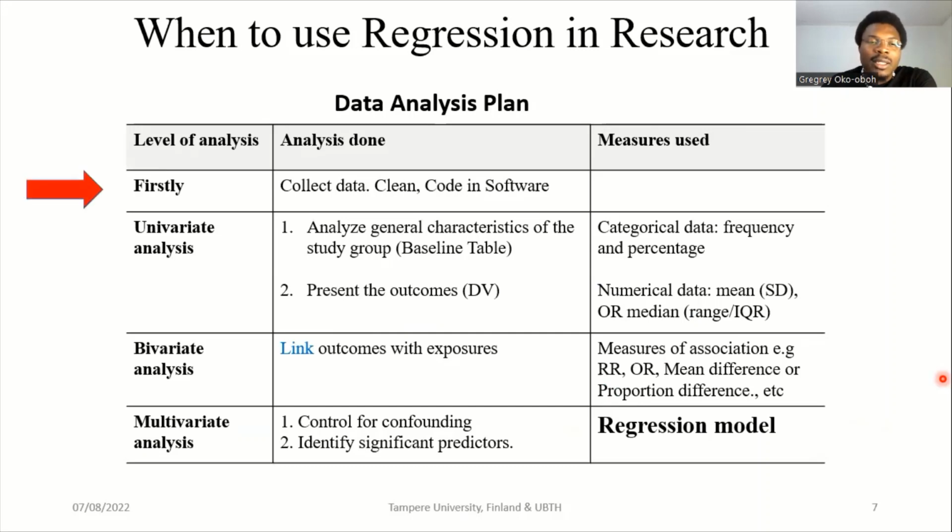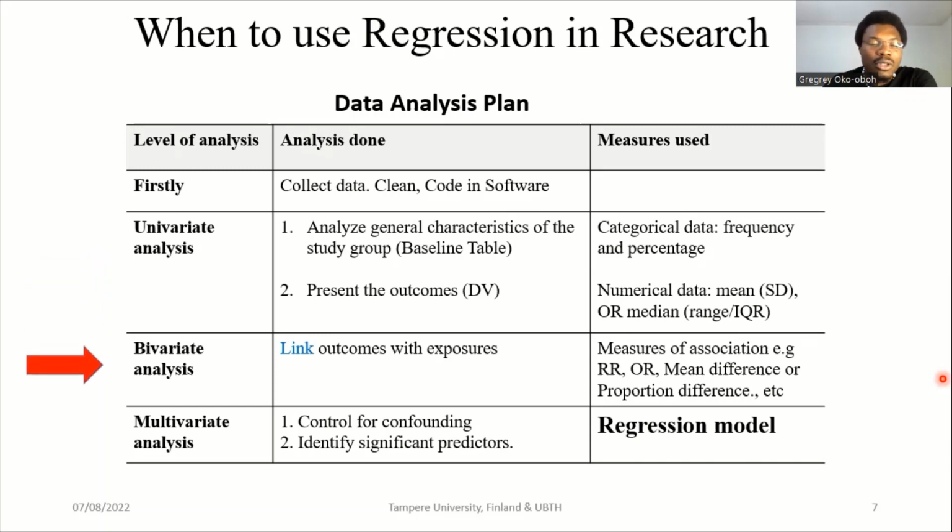In medical research, the first thing to do is to collect the data, clean the data, and code it into any software that we are familiar with, like SPSS, Stata, SAS, or R. After that is done, it's important that we begin to explore the variables in our data sets, and we understand how they are distributed, and then look for measures of location or dispersion. This will help us to appreciate and understand our variables and also help us to build the regression model.